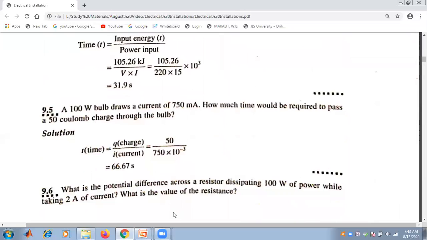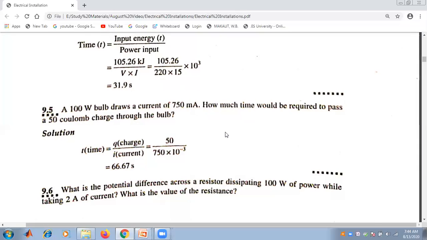So another problem, that is a 100 watt bulb that draws a current of 750 milliampere. How much time would be required to pass a 50 coulomb charge through the bulb? So we all know that current I equals the rate of change of charge with respect to time, that is I equal to dq by dt.